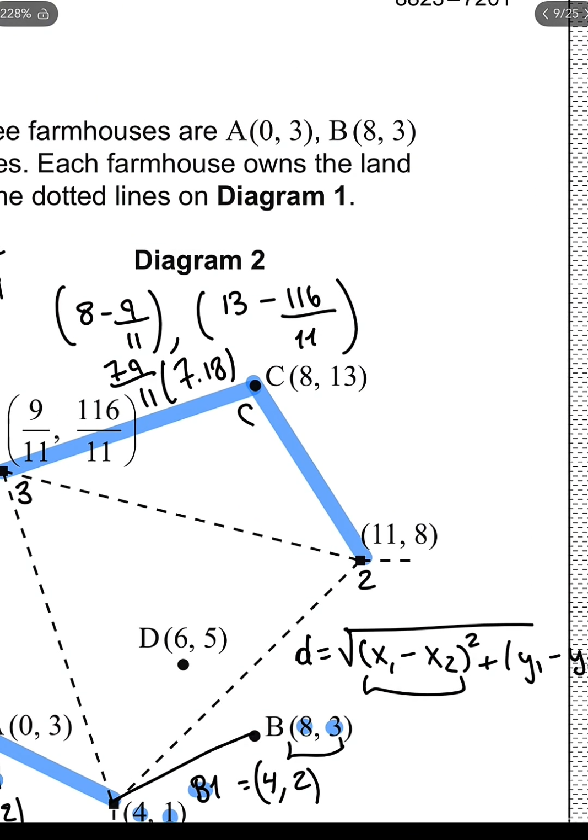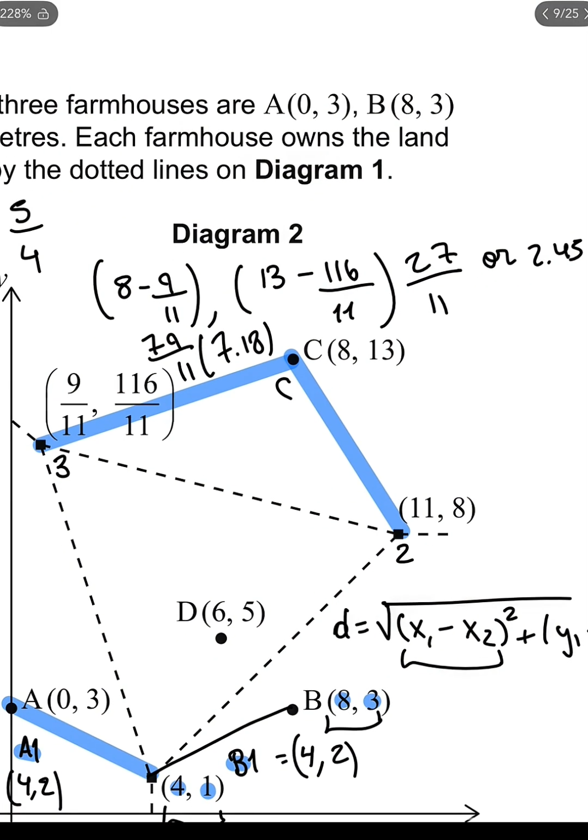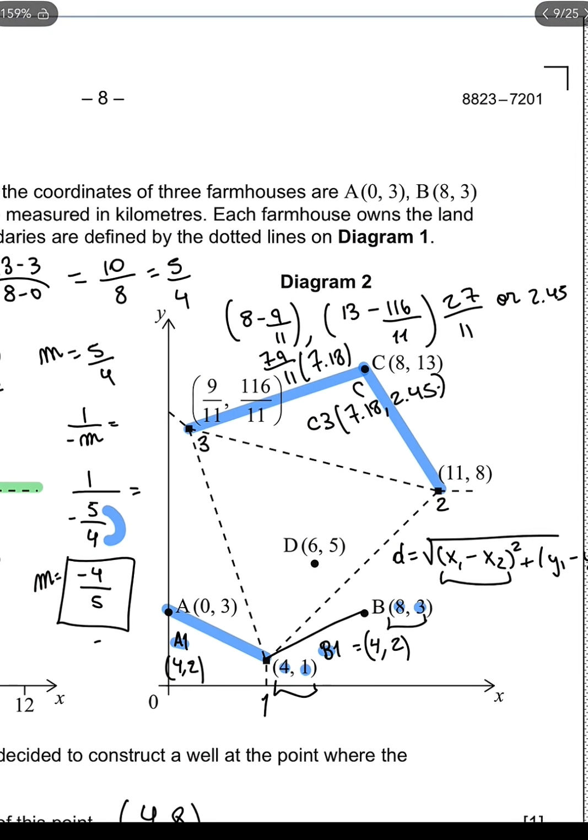Now my 13 minus 116 over 11 is 27 over 11, which equals 2.45. So my C3 is 7.18 and 2.45. So we can see that C3 is already larger than A and B1.